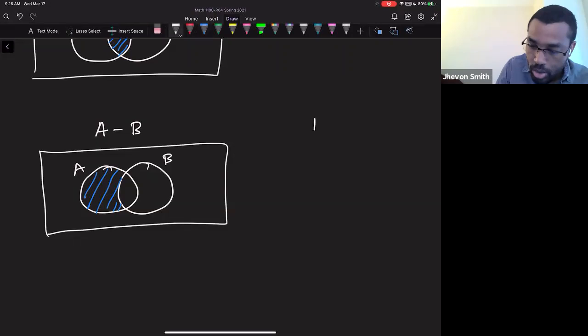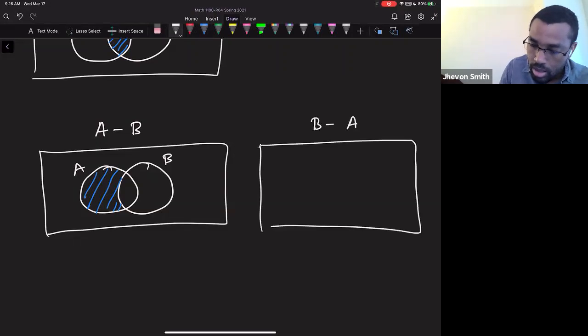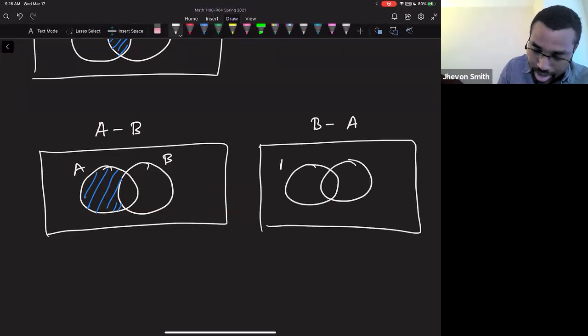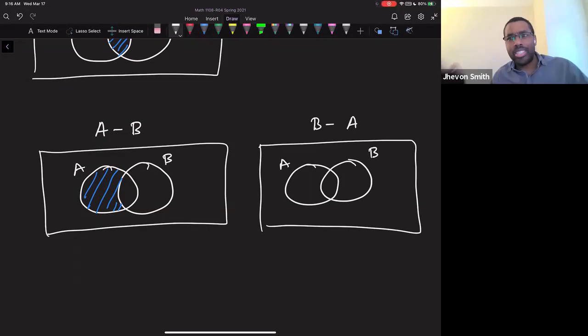Of course, you can go the other way. It can be B minus A. Now remember, it's not arithmetic, right? So it's not like you can get a negative set, like you could get a negative number or something like that. That doesn't exist. The empty set is the lowest you can go. But really the set minus is itself another set, right?